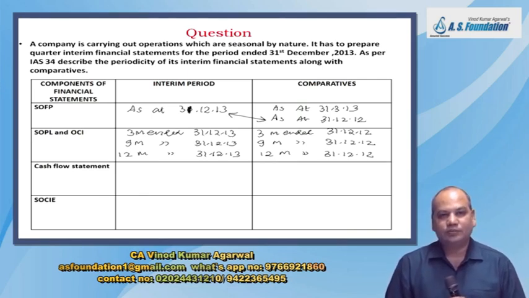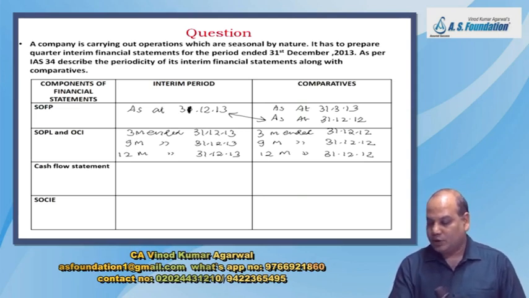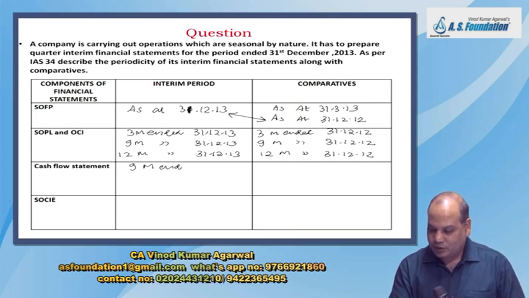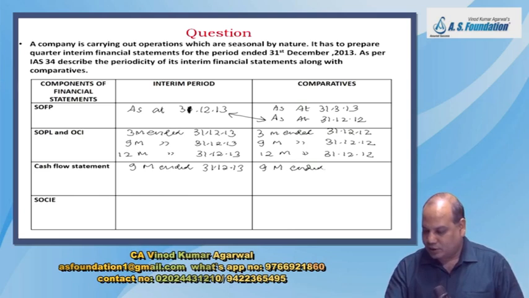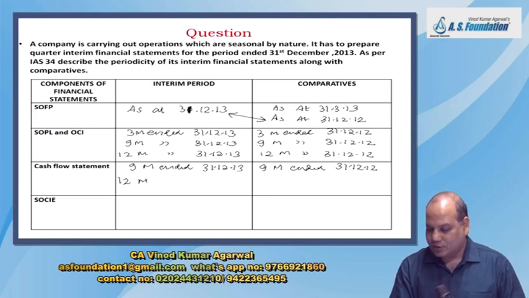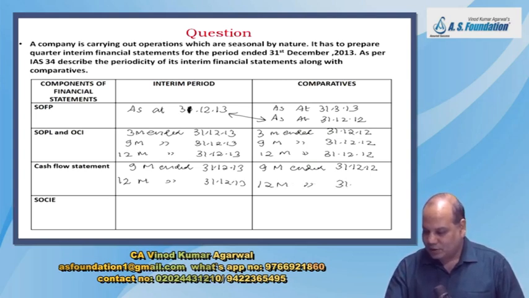Cash flow statement. Cash flow statement will not be given for 3 months ended directly. 9 months ended, cumulative 9 months ended 31/12/13, and its comparison will be 9 months ended 31/12/12, and in case of seasonal business, 12 months ended 31/12/13, and its comparative will be 12 months ended 31/12/12.